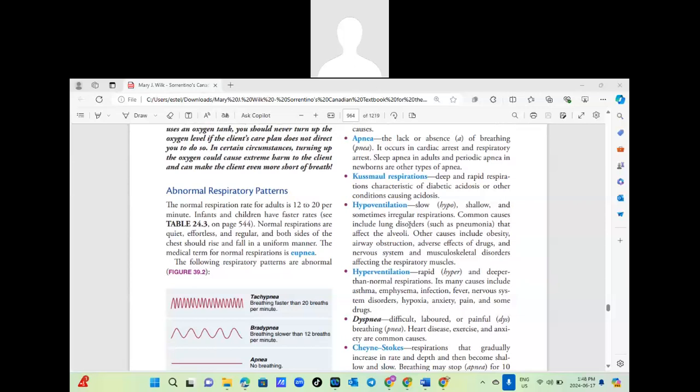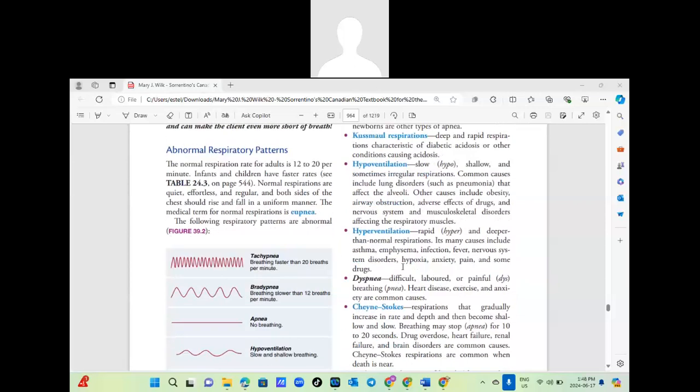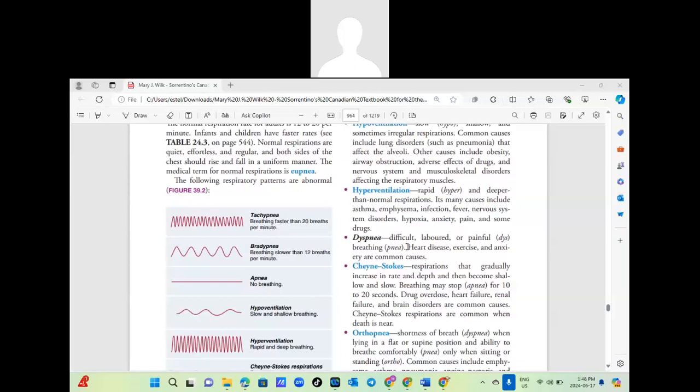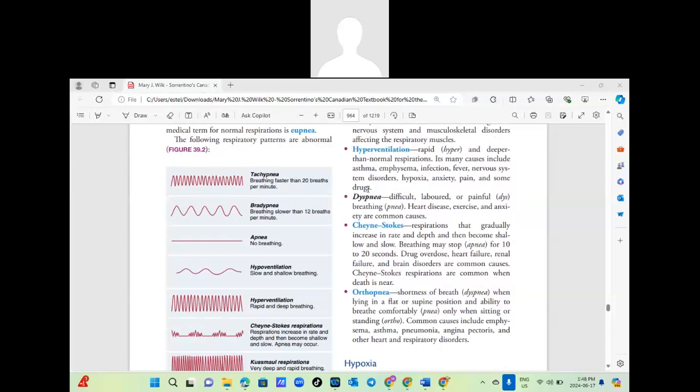Others are infection, fever, nervous system disorders, hypoxia, anxiety, pain, and some drugs. So let's go to dyspnea. We know this is difficulty, and pnea is breathing. So dyspnea is difficult, labored, or painful breathing. Heart disease, exercise, and anxiety are common causes.